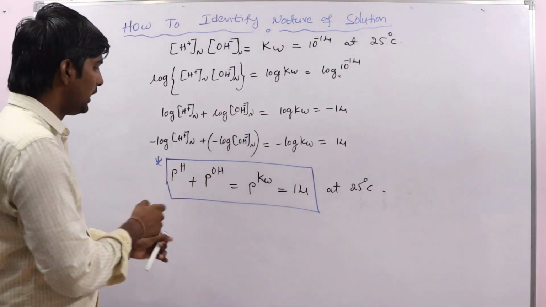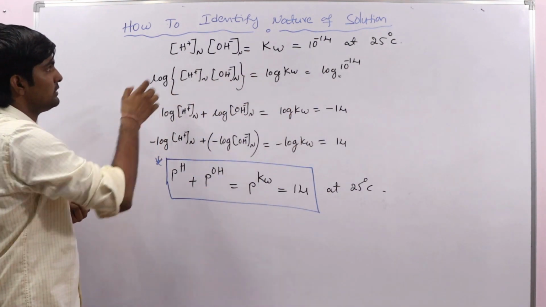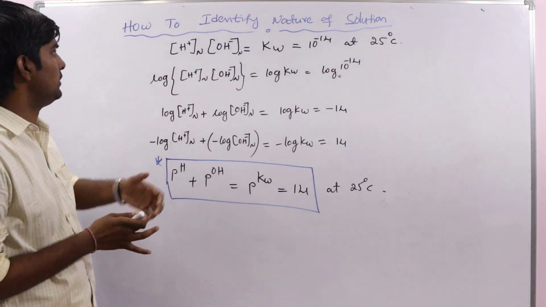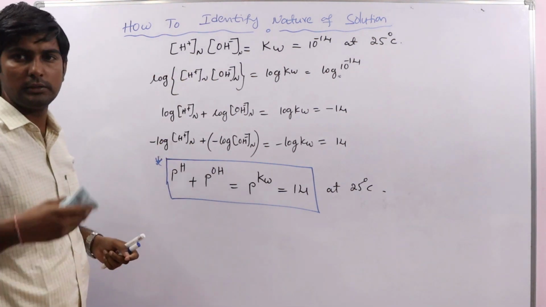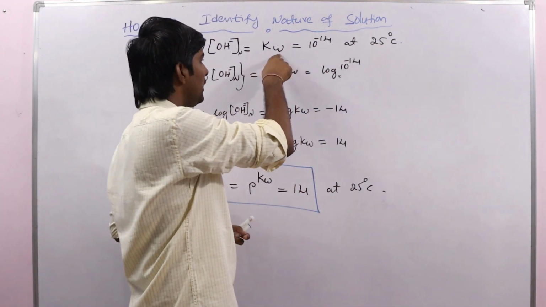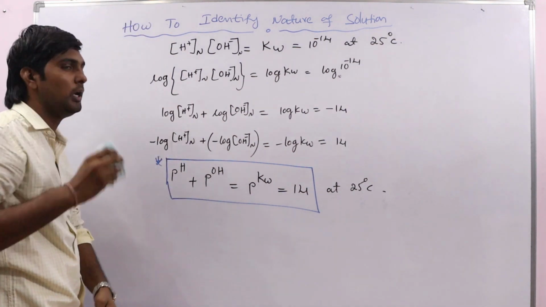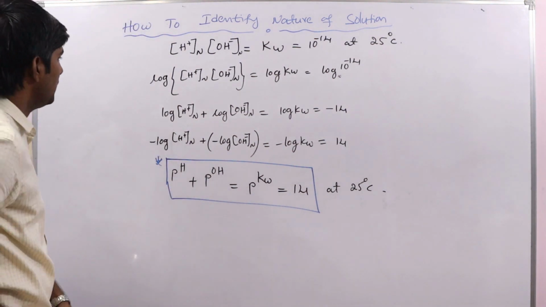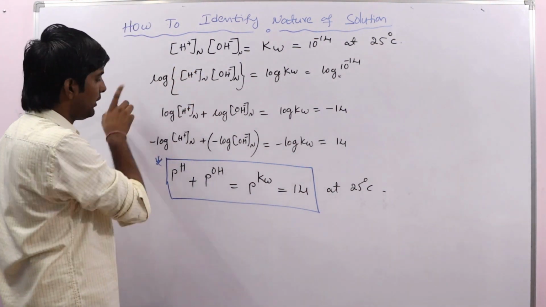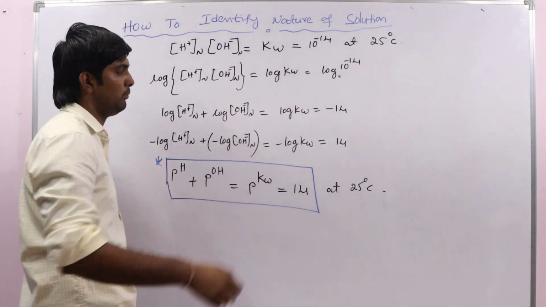Depending on this only, now we discuss the concepts. One relation is H plus ion concentration into OH minus ion concentration is equal to Kw, and the experimentally determined value of Kw at 25 degrees centigrade is 10 power minus 14, yes or no? After doing these operations we get pH plus pOH equal to pKw.